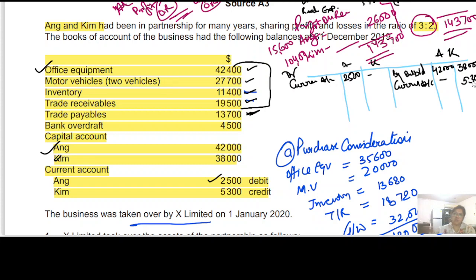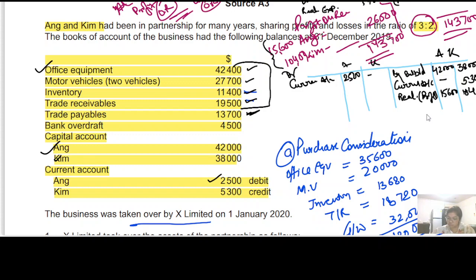Okay, so now in this question you are getting a realization profit, so you have to record it on this side, realization profit, that is 15,600 and 10,400.